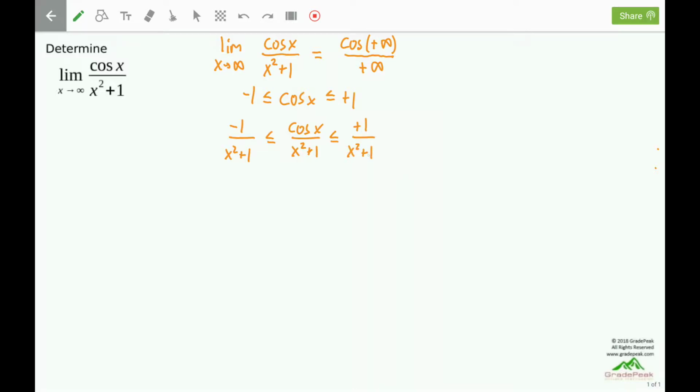And we can take the limit as x approaches infinity for each of these, and it will still hold true. And this middle one will be the limit we're attempting to determine.